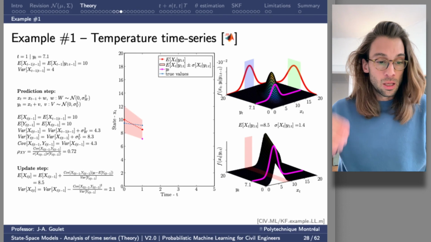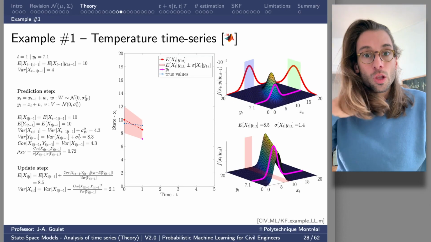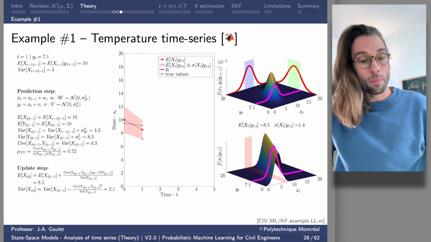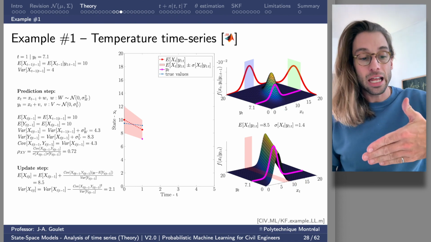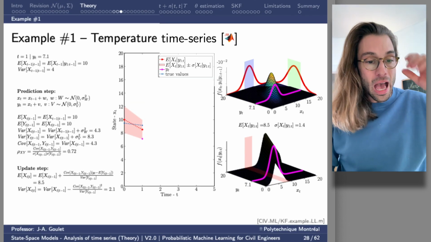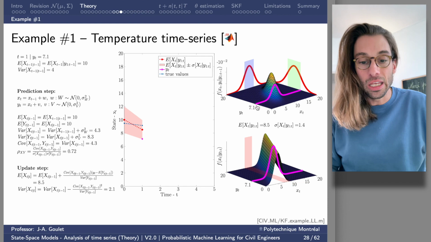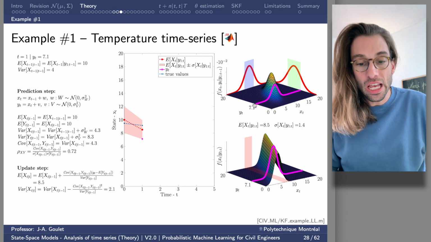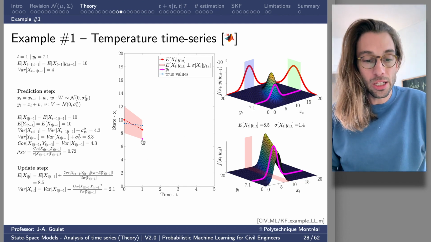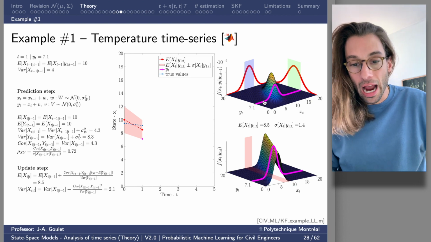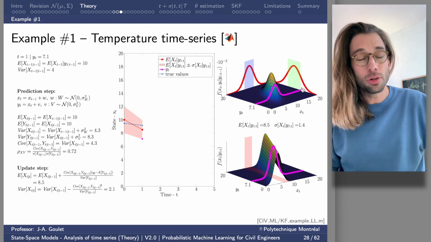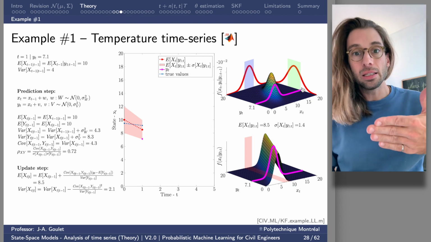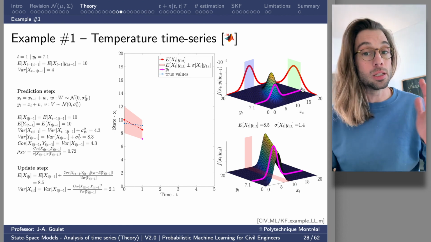Perfect. Then we're going to update this knowledge by taking a slice in that joint distribution. My actual observation at time t equals 1 is 7.1. So I take a slice in that joint PDF, but just as before, that slice won't normalize. It's not a PDF.